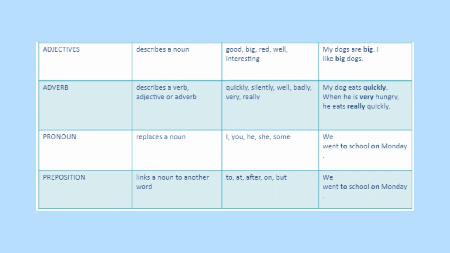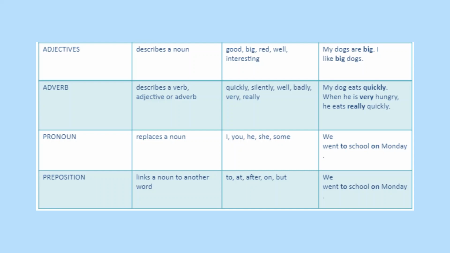The example prepositions are to, at, after, on, and so on. We are taking the same example that we took for pronoun. The example is, we went to school on Monday. Here, to and on are used as prepositions.